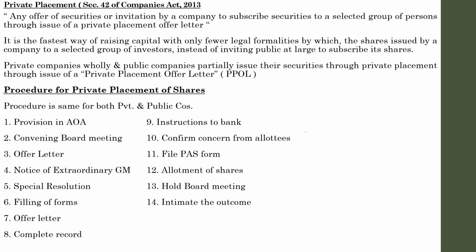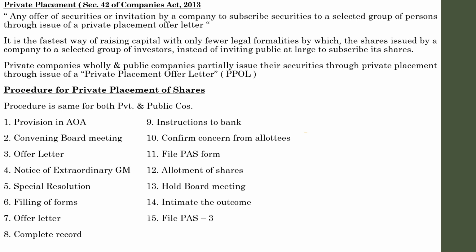Once the decision is taken, intimation should be given to the respective allottees. That is, to intimate the investors about the outcome of the board meeting, that is, to whom certain shares are allotted, to whom shares are not allotted, like that. It should be intimated on time.